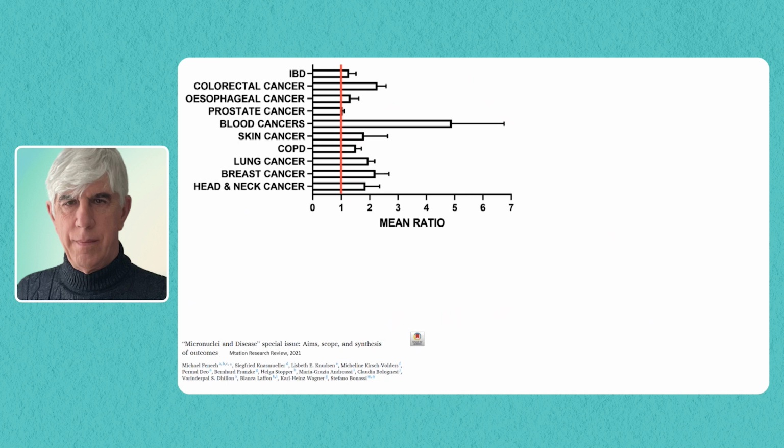So if you find a population with a higher level of micronuclei, or a species or whatever, that means a real risk for the health of that population. That makes a difference.